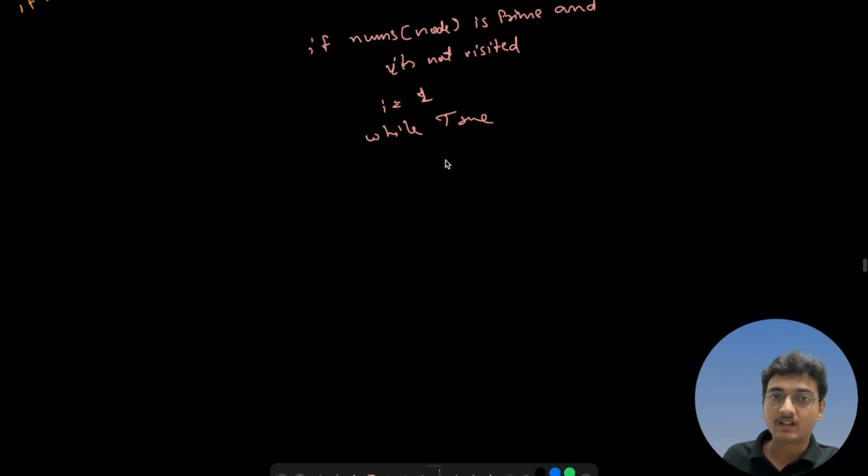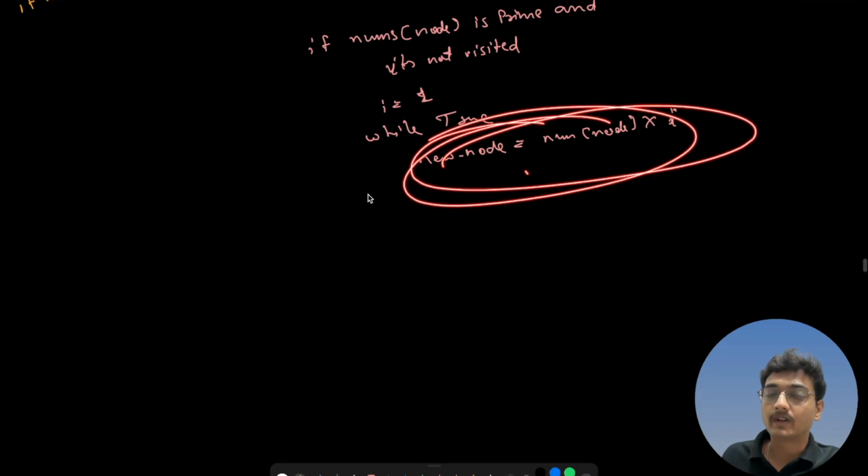So I equal to 1. Now what I need to do? New node. So new node will be whatever nums of node I'm having into I. Okay, so that way I'm trying to find the multiplier. So if I'm at 3, I will try to multiply it with 2 and see where I can go.